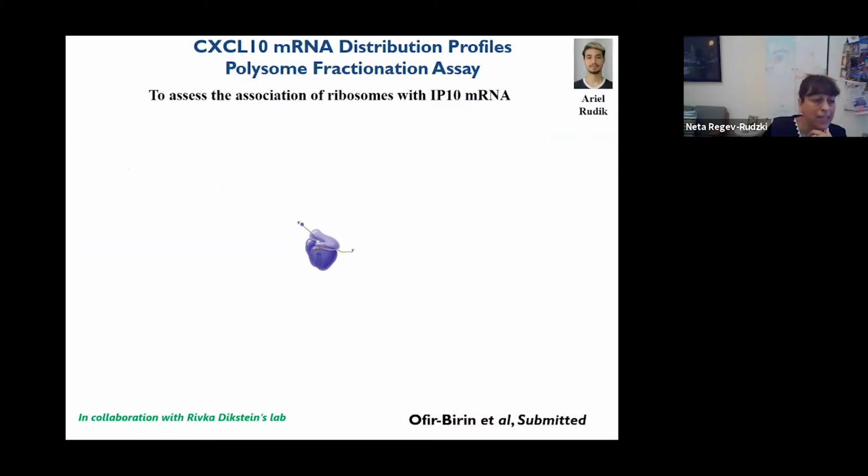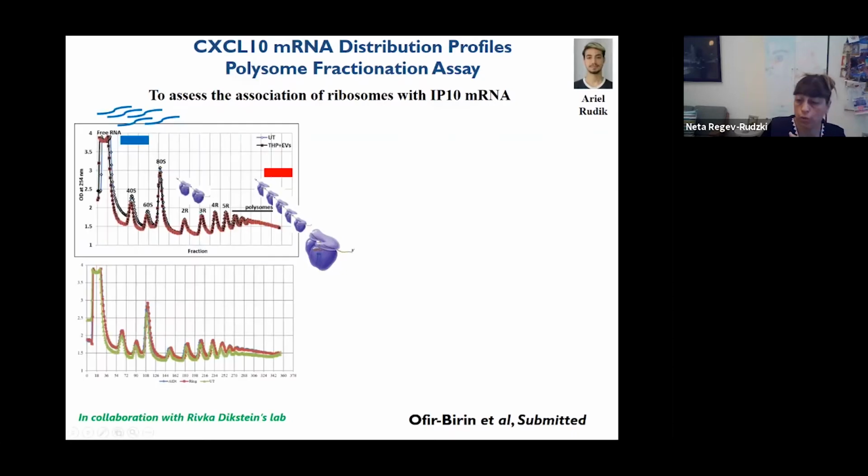In this assay, you get several fractions of the transcripts, starting from the free RNA, where there is no translation and no association of ribosomes on these transcripts, to the heavily translated polysome fraction, where there are many ribosomes loaded onto the mRNA.